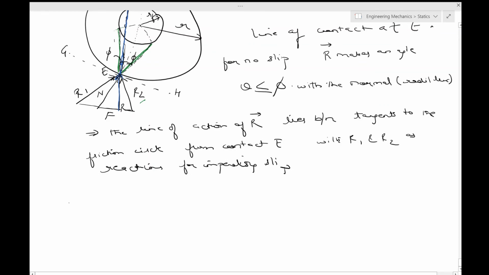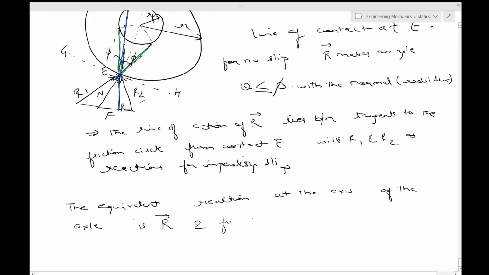Now the equivalent reaction at the axis of the axle is a force, say R, and a frictional moment that will be equal to R into mu s r, equal to R into r sine phi.